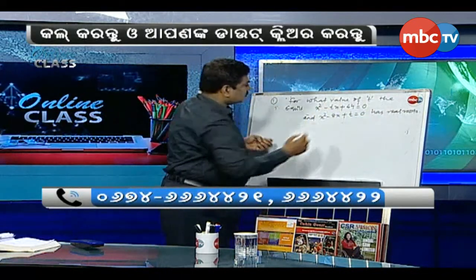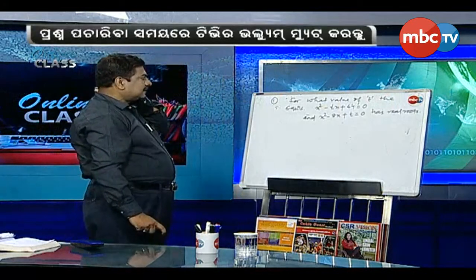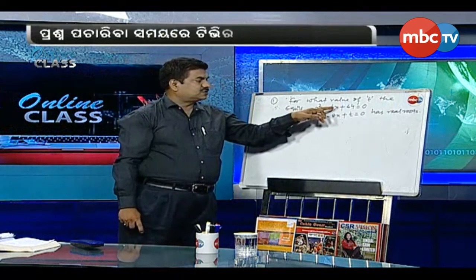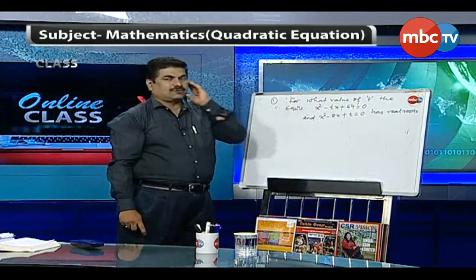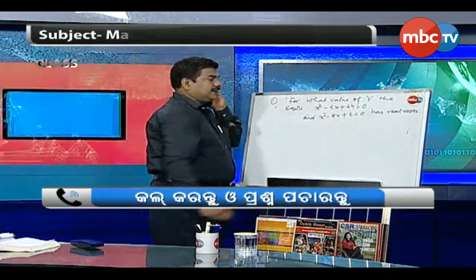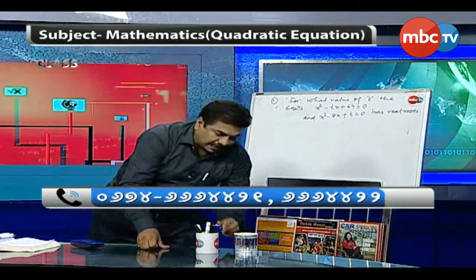So, for what value of t do the equations x square minus tx plus 64 equal to 0 and x square minus 8x plus t equal to 0 have equal roots? I have already explained you.